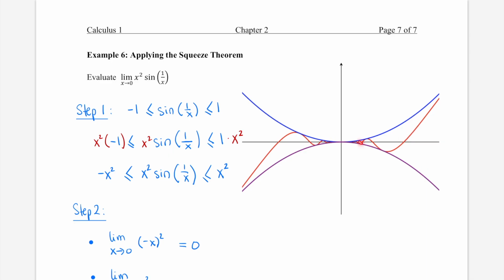Even though it keeps oscillating, the oscillations get smaller and smaller as x gets closer to 0. And since the top and the bottom curves both approach 0, the middle curve is squeezed down to 0 as well. And that's exactly what the squeeze theorem tells us.